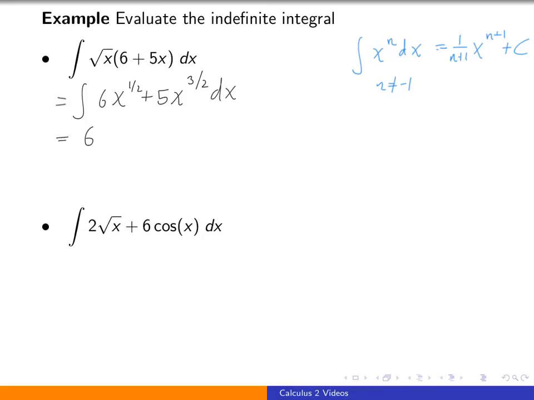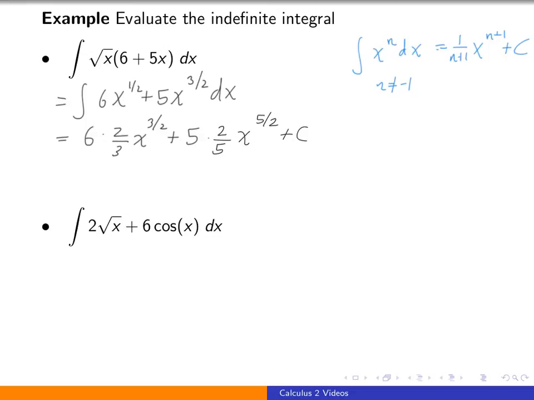You have the constant 6, 1/2 plus 1 is 3/2. So 1 over 3/2 is 2/3, x to the 3/2, plus 5 times, let's see here, x to the 3/2. So 3/2 plus 1 is 5/2. 1 over 5/2 is 2/5, x to the 5/2 plus c.